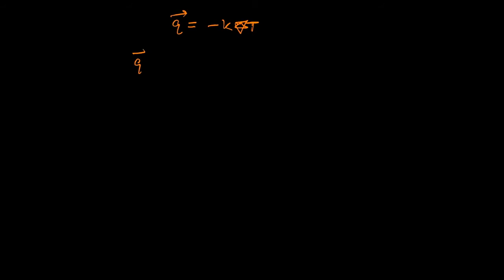Again, the equation would become q plus some tau dq by dt equal to minus k gradient of T. So now there is a phase lag in the q part.